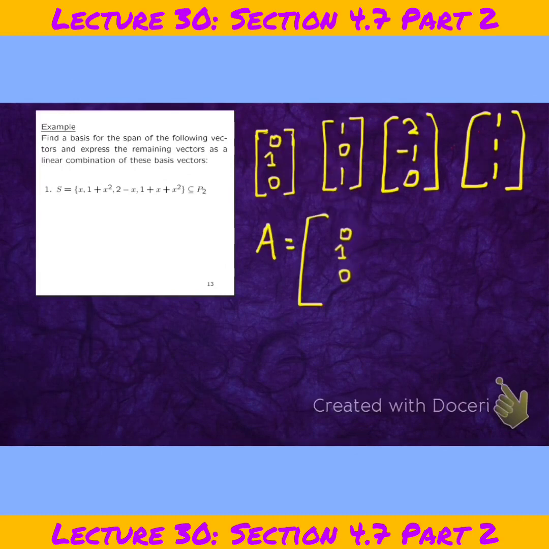Right, so there's my first column of my matrix. There's my second column of my matrix.